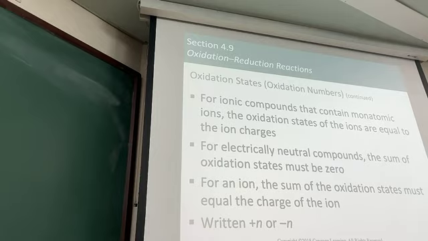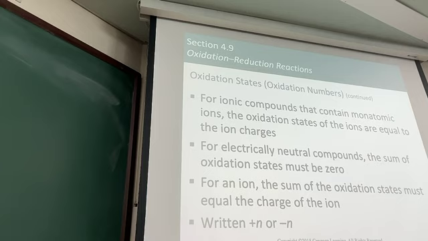For ionic compounds, we will simply assign the charges of the ions. So oxidation numbers are equal to the charges of the ions if we have ions. That's pretty straightforward. And it makes sense that we define it like that, right? So if we have sodium chloride, the oxidation number of sodium would be +1 and chloride would be -1.